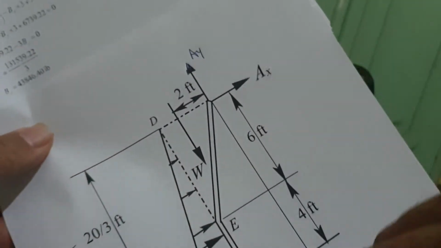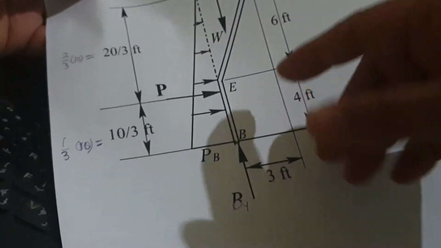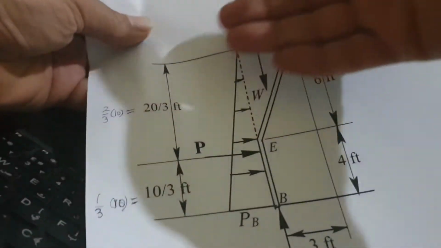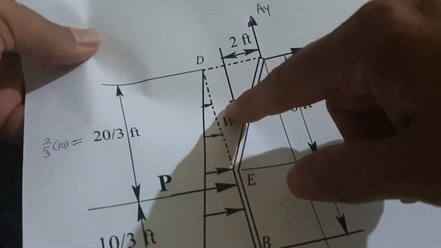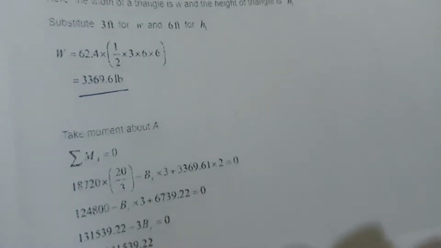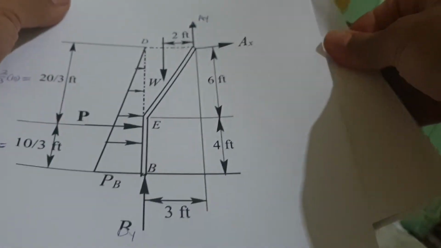So now we found By. From this, you could find Ay. You could do summation of forces in the y-axis to find Ay. Of course, there's nothing else other than the weight and the Ay. So Ay minus the weight, and the forces in the y-axis, the weight is this. By plus Ay minus the W. Okay?